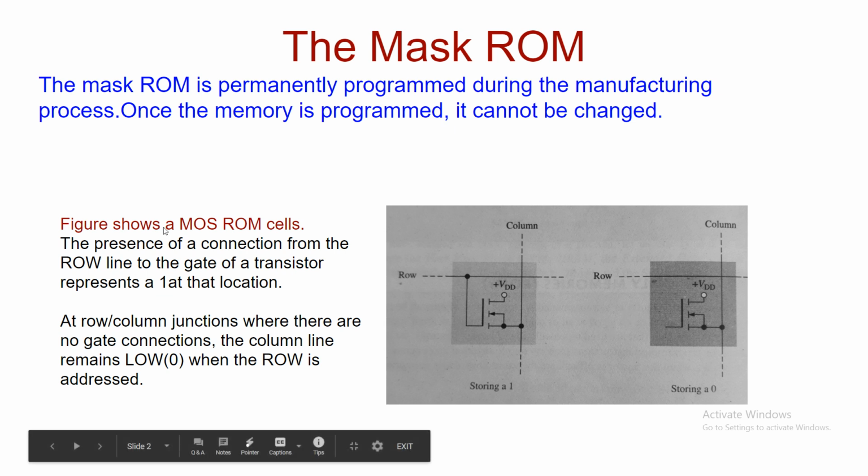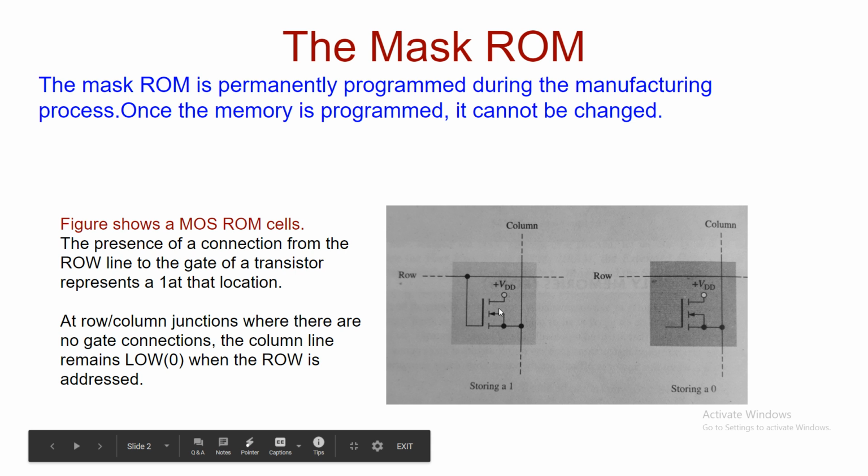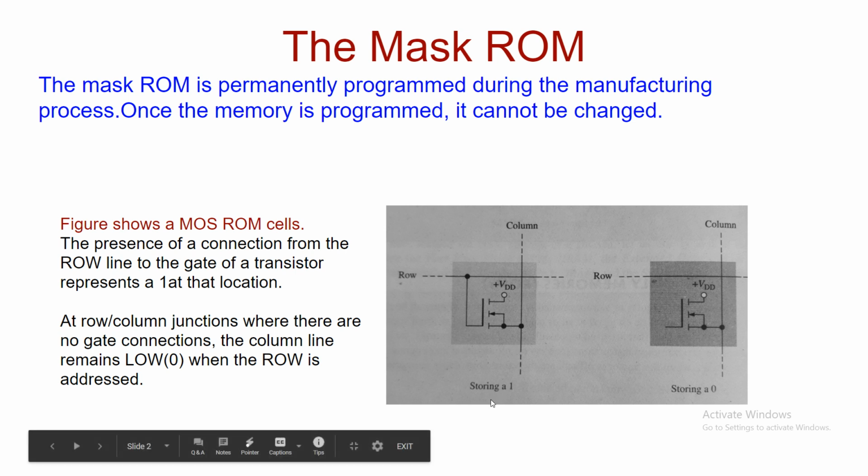The figure shows a MOS ROM cell, a mask ROM cell made with the help of a MOS transistor. In the first cell, the stored bit is 1.